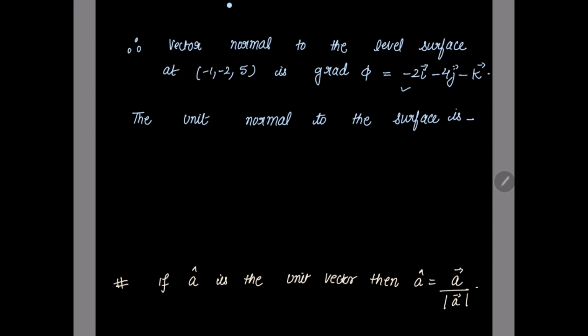So the unit vector normal to the surface is the vector itself, -2i -4j minus k, over its mod.